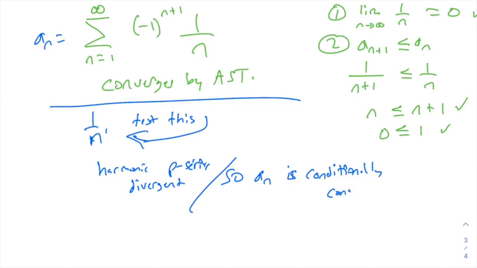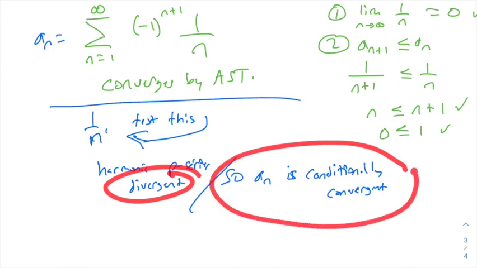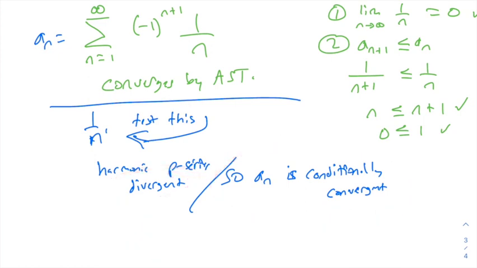And there you go. That's important. We have now told if it's conditionally convergent or absolutely convergent, because we tested the non-alternating part using all of our series tests, and our non-alternating part diverged, so that made our alternating series conditionally convergent. If our non-alternating part converged, then we'd say it was absolutely convergent.